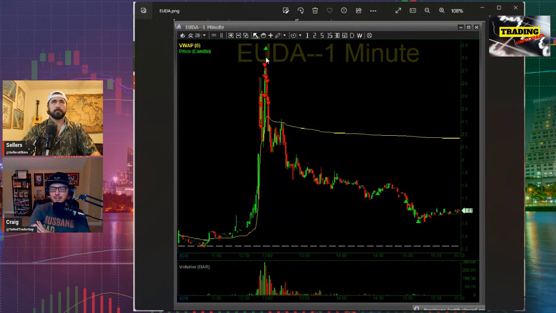Unless you have a scan with Trade Ideas to catch that move, you're either never gonna know it happened or you're gonna be way too late. I don't know how you catch these moves without the Trade Ideas scanners that we have. Because this was seriously 15 minutes.